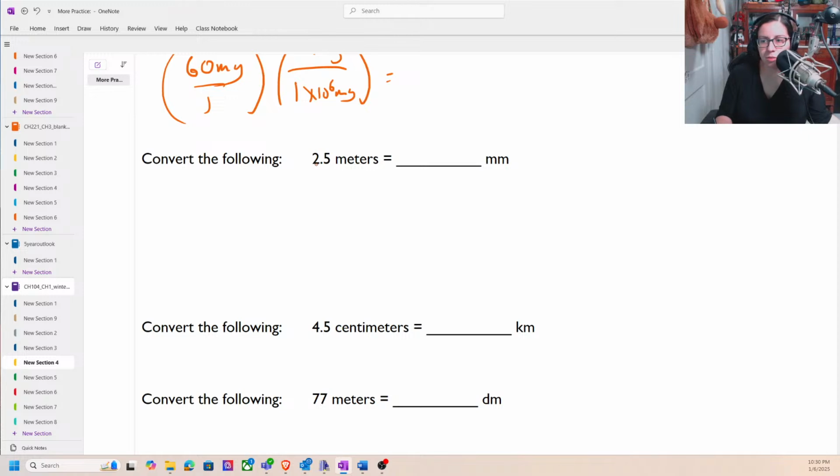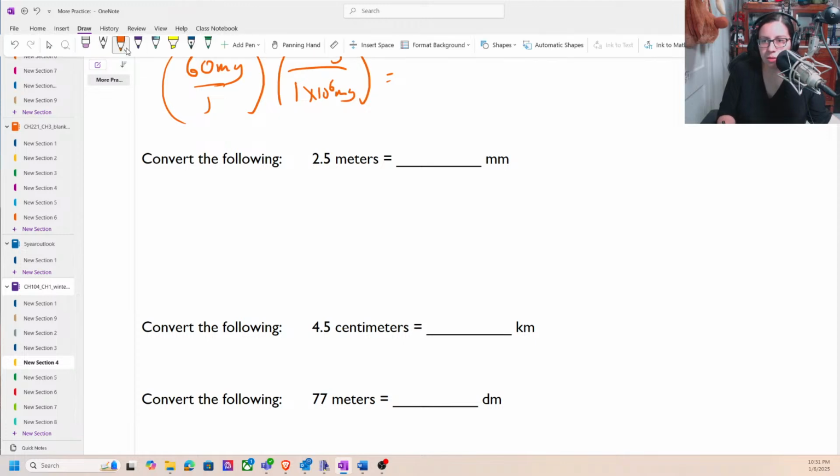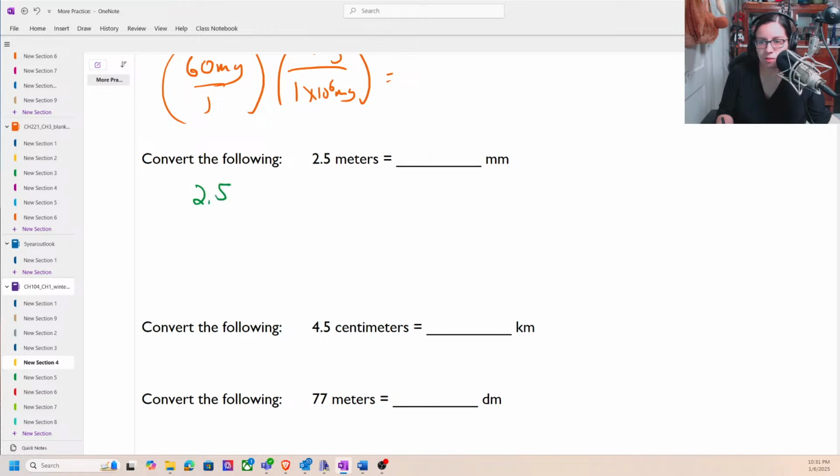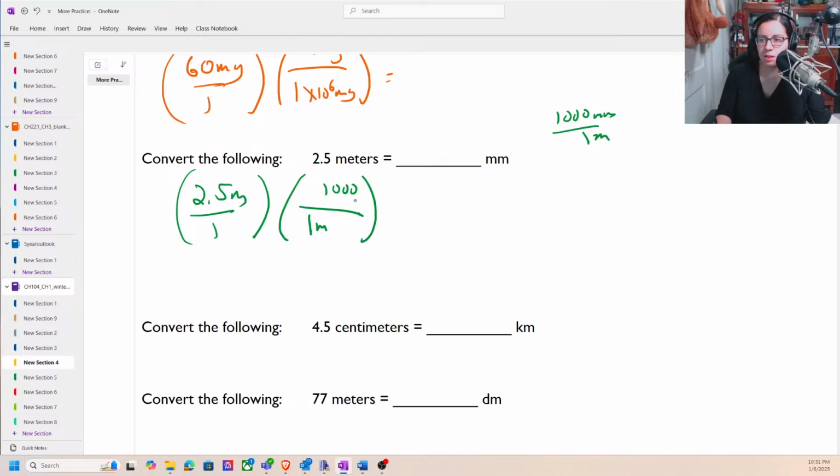And so let's do 2.5 meters to millimeters. I believe that one should be our usual 1-step. So millimeters, we said that there are 1,000 millimeters in 1 meter. So I'll put 1 meter on bottom, 1000 millimeters on top.